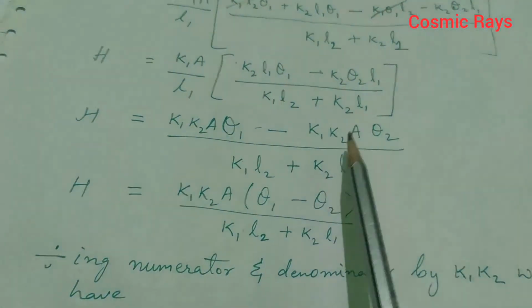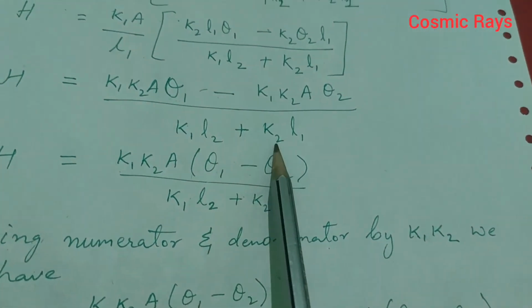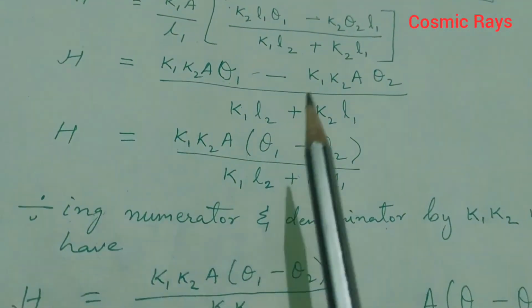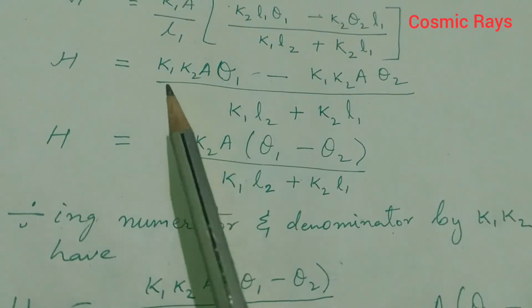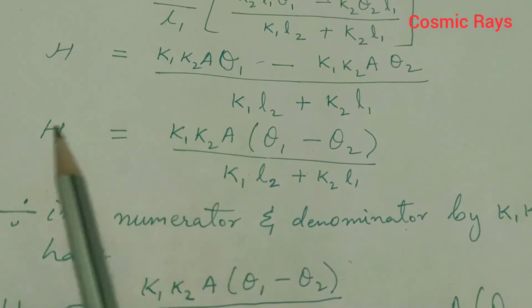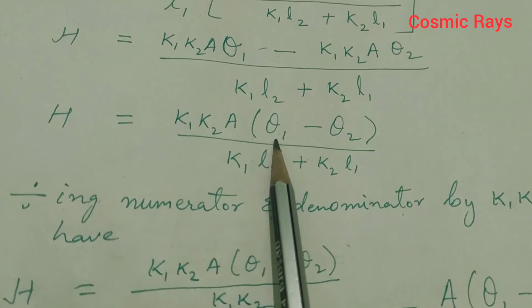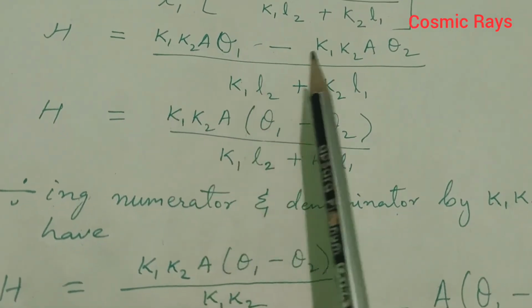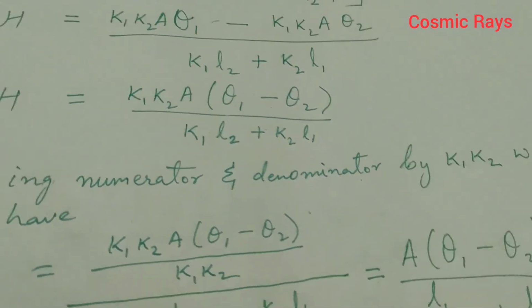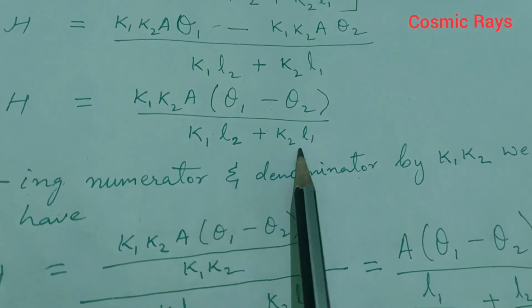So this becomes the new term, and the denominator remains the same, that is K1 L2 plus K2 L1. Now what we do is we take K1, K2 and A common from both the terms present in the numerator. So we have H is equal to K1 K2 A multiplied by (theta 1 minus theta 2), the remaining term from the next portion, upon the denominator, that is K1 L2 plus K2 L1.